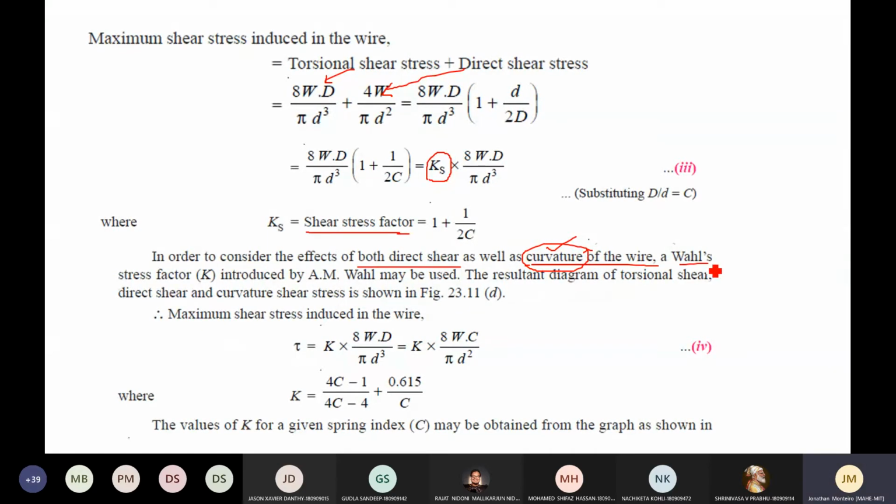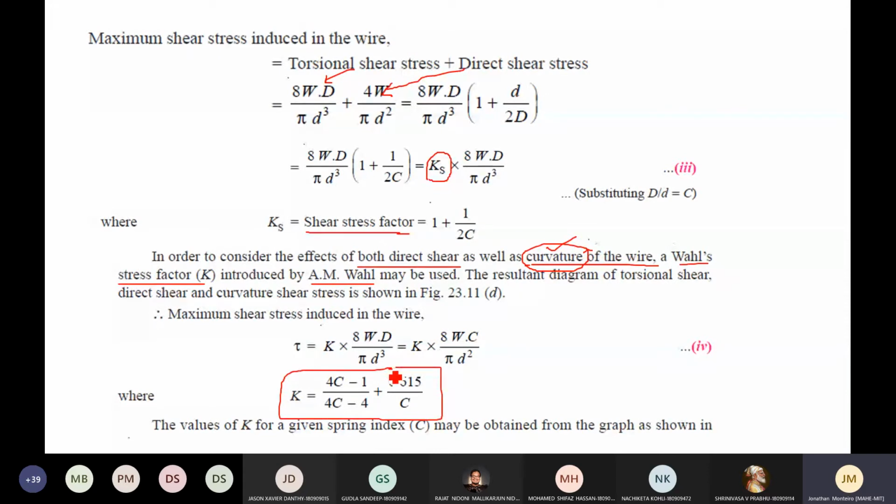Now what happened, one of the researchers, A. M. Wahl, is his name, he introduced stress factor K. It is still called Wahl's stress factor K. The resultant diagram of torsional and direct shear is what we looked at in the previous slide, and when we include everything, this Ks is replaced by K, which is given by this relationship.